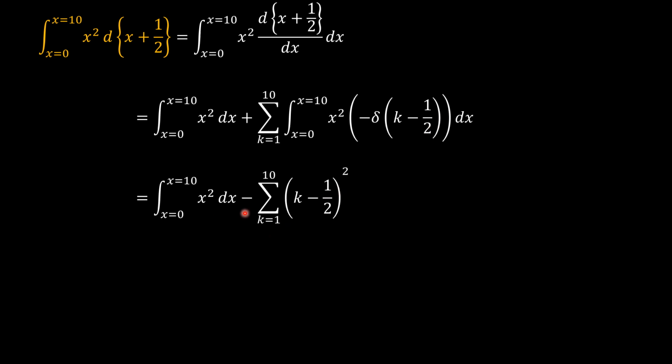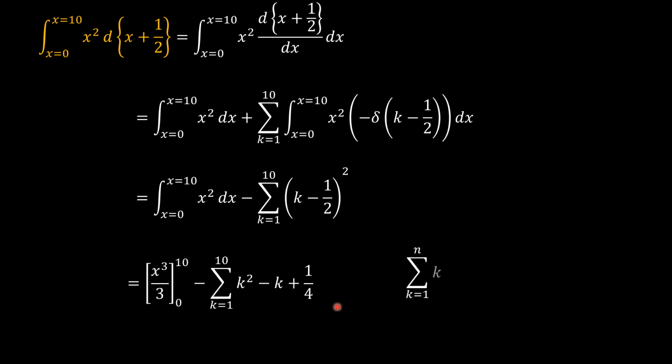So we sum it, this negative comes out, and the delta Dirac function allows us to just square the specific values of x. So this is easy: x cubed over 3 from x equals 0 to 10 minus the sum of k squared minus k plus a quarter.